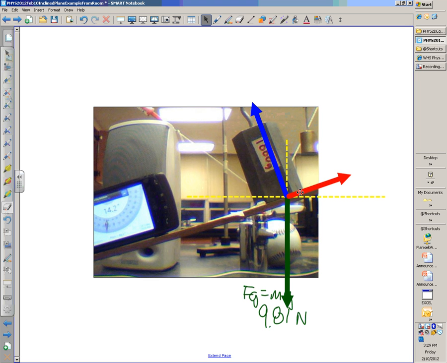Now, as we discussed in the last problem, the way we would attack this problem in the past would be to break up the red frictional force, that being static friction, and the blue force coming from the ramp, that being the normal force. We would break both of them up into their components, just like this.